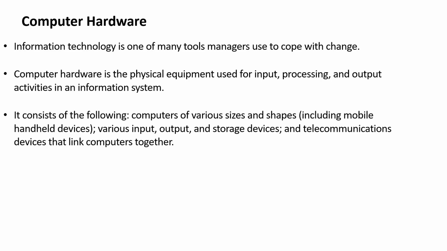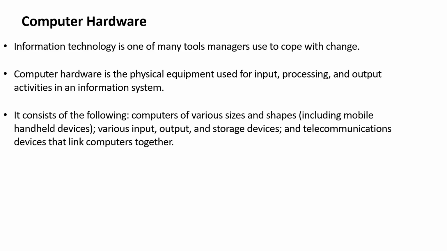So it consists of the following: computers of various sizes and shapes, right? We have different computers of various sizes and shapes. That thing we discussed in the very first lesson regarding the types of computers, starting from supercomputers, mainframe computers, mini computer, microcomputer, tablets, and everything, right?